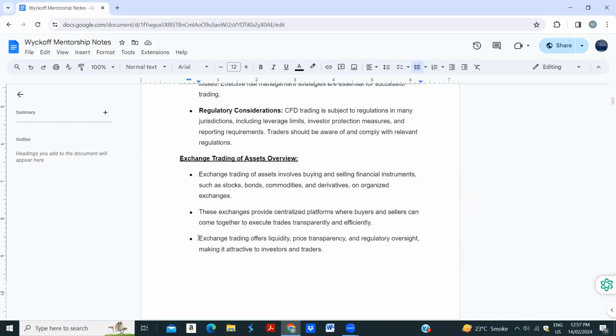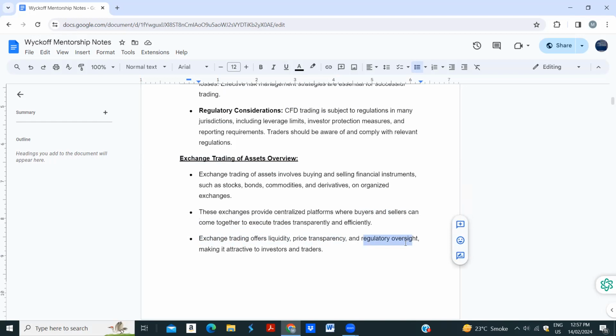Okay. Now, exchange trading offers liquidity, price transparency, and regulatory oversight. When you are trading using an exchange, for example, when you are trading US stocks, you are basically either trading on the NASDAQ exchange or on the New York Stock Exchange.